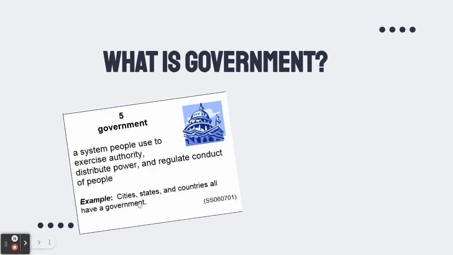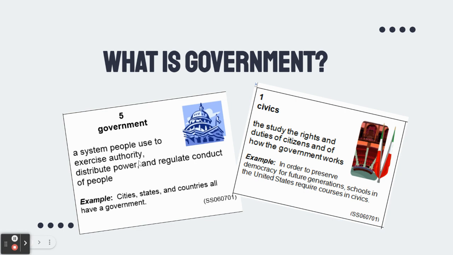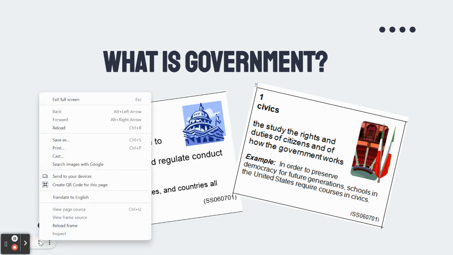So, cities, states, countries, they all have a government. Okay, civics, on the other hand, is the study of the rights and duties of the citizens and how the government works. So the two vocab words are kind of tied together, and that's what we're going to be looking at for this unit.